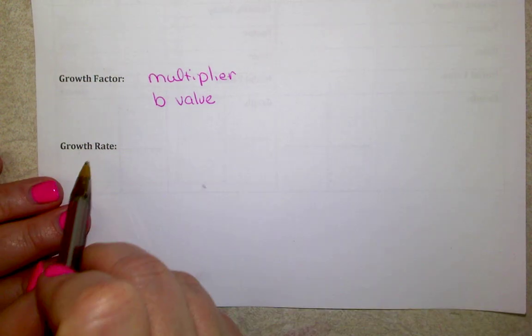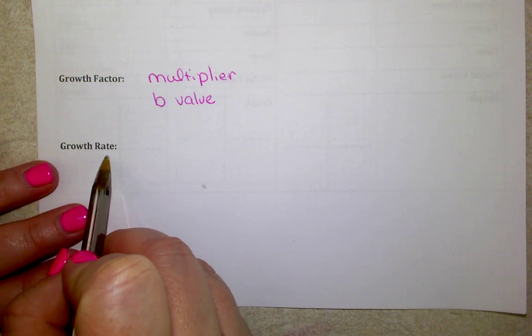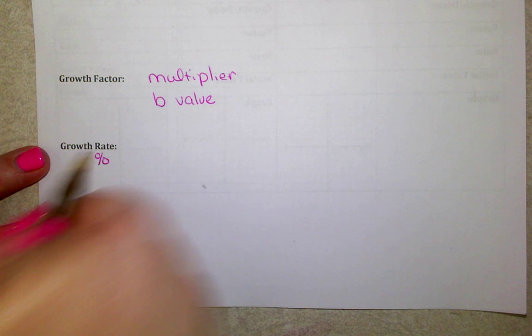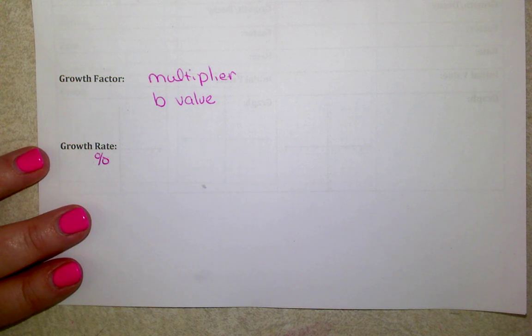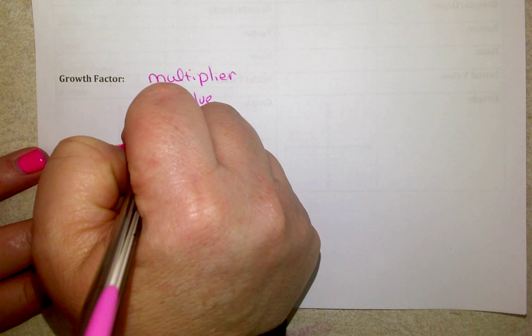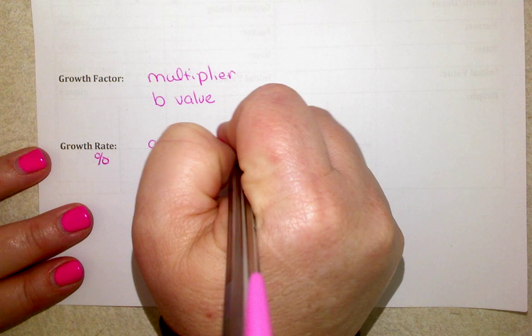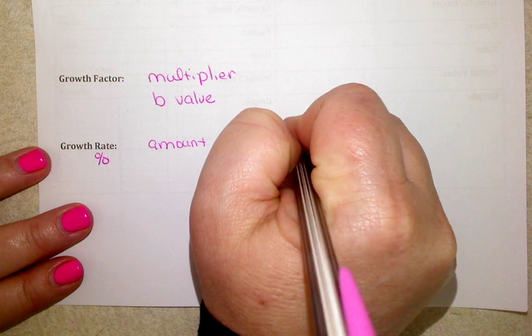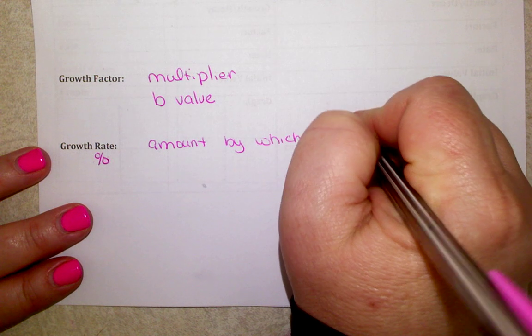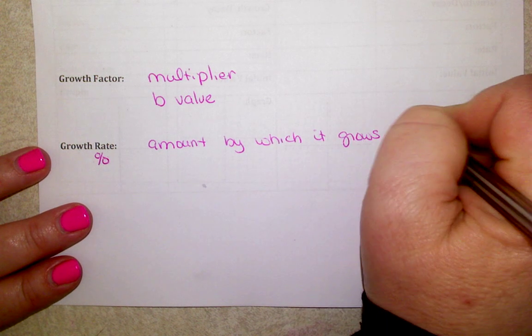Okay, the growth rate. Rate we usually think about as some kind of percent. The growth rate is the amount by which it grows or decays.